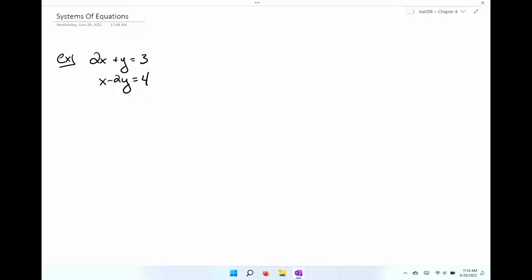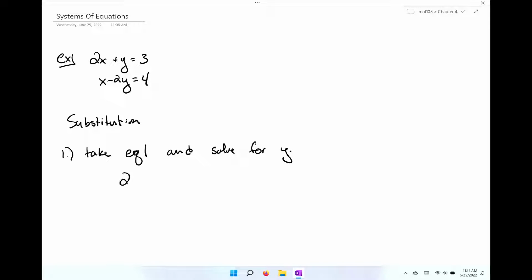So I'm going to solve first by substitution. Now remember, what we want to do is take one of the two equations, okay? Solve for a variable. So step one, I'm going to take equation 1 and solve for y.